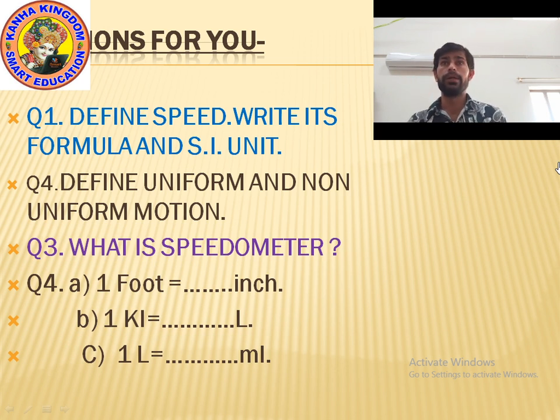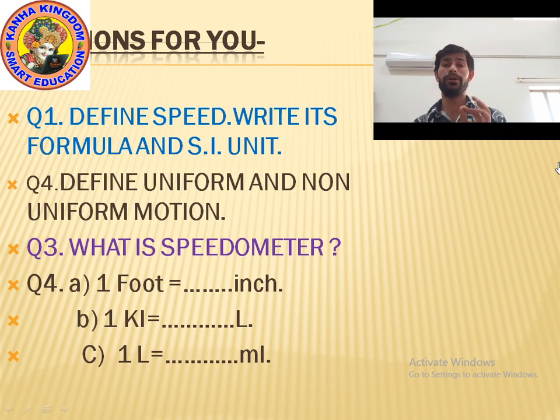Question number 2. Define uniform motion and non-uniform motion. What is uniform motion? If a car is moving in a straight line with constant speed, we can say it is uniform motion.